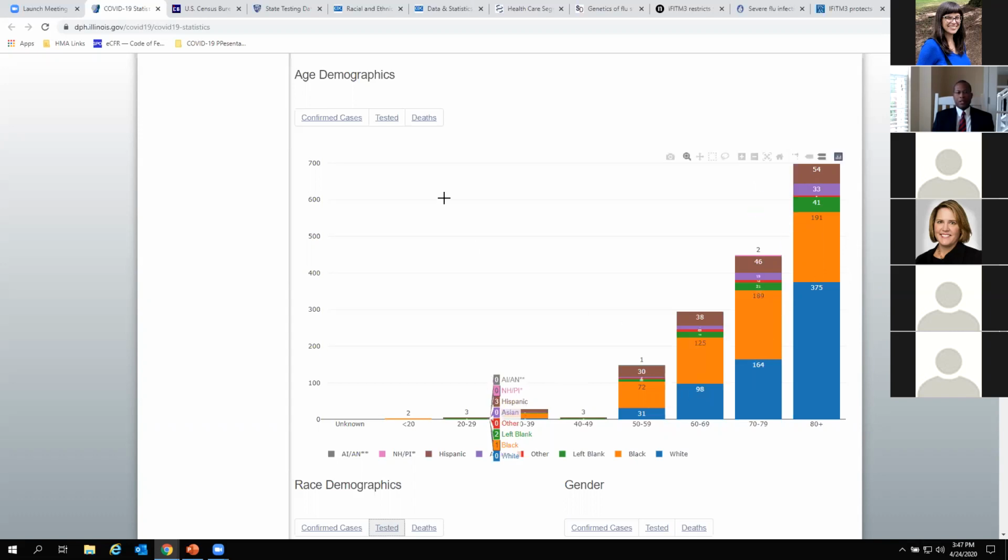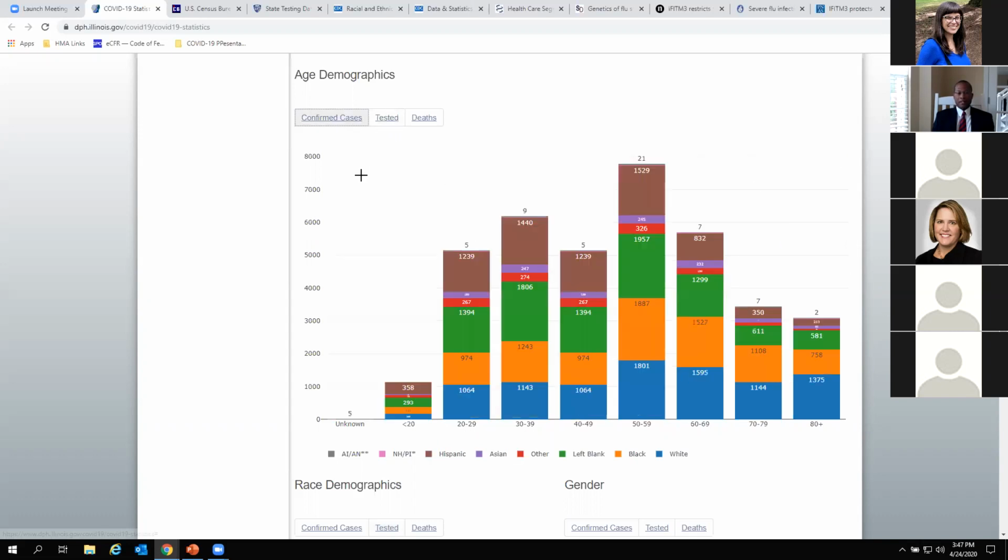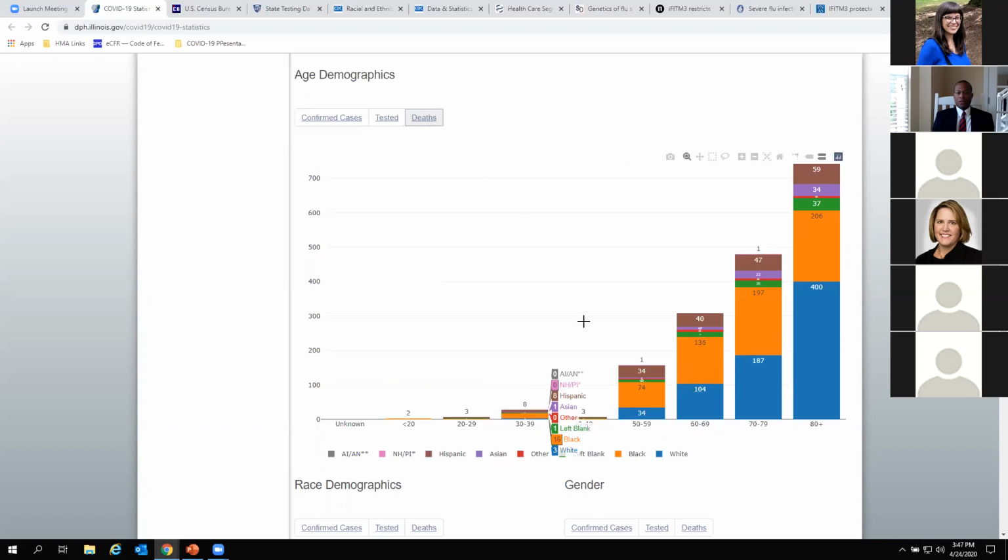As we can see here, confirmed cases are fairly split across the population. When we look at deaths, this is a disease of older populations, of older Black populations. And so recognizing that is going to be important.